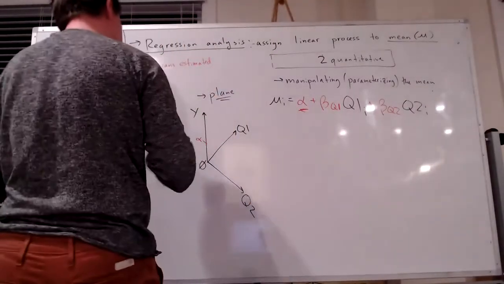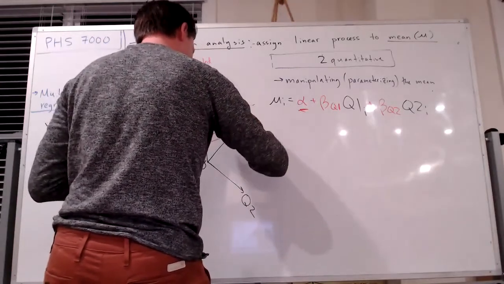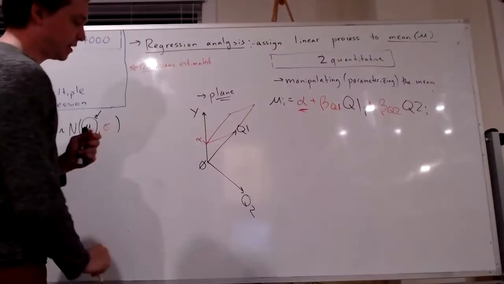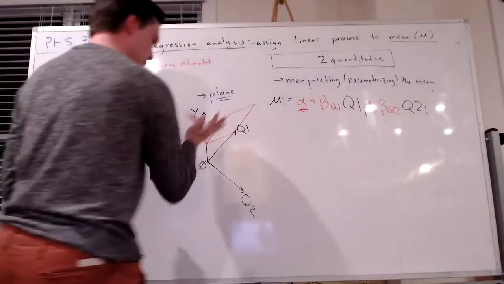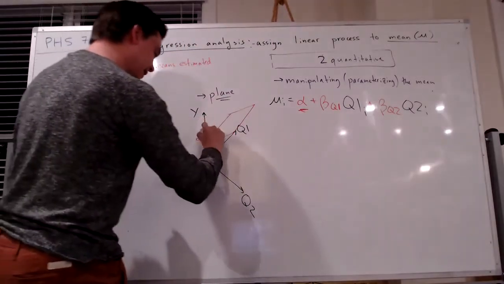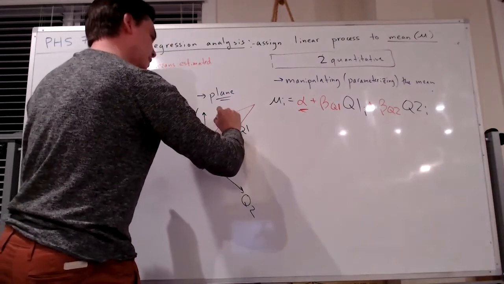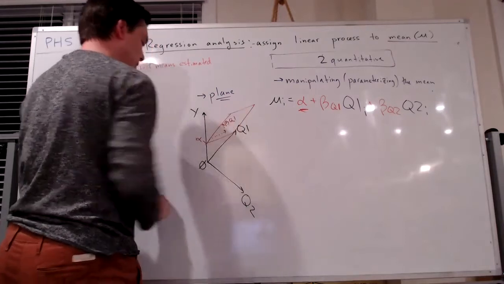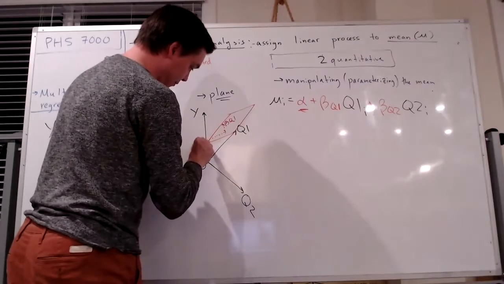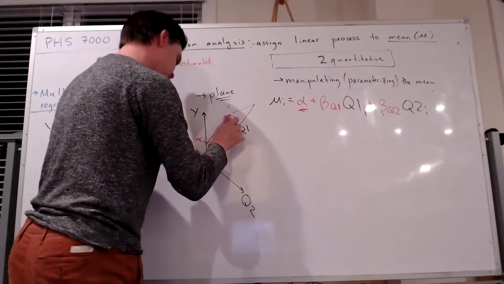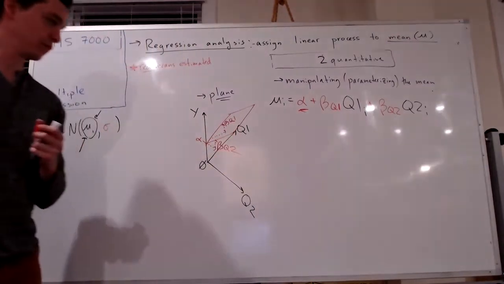So it looks like that. Along this axis, I have beta Q1. And now along this axis, I have beta Q2.